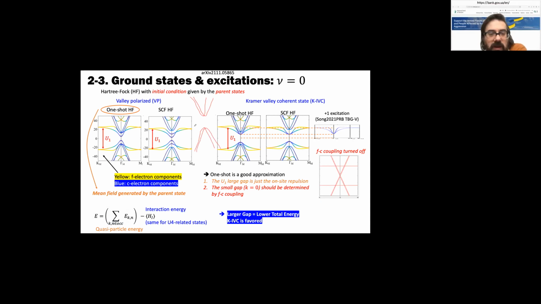And then you had these flat bands, but now these flat bands are polarized by the Hubbard U. So I'm going to move the flat bands here, which is what this does. The flat bands have moved because of the parent state, because of the ferromagnetism. And now the flat bands cross the dispersive band. Once they cross the dispersive band, they have level repulsion. This is the reason why you get these splittings here. These are just level repulsions.